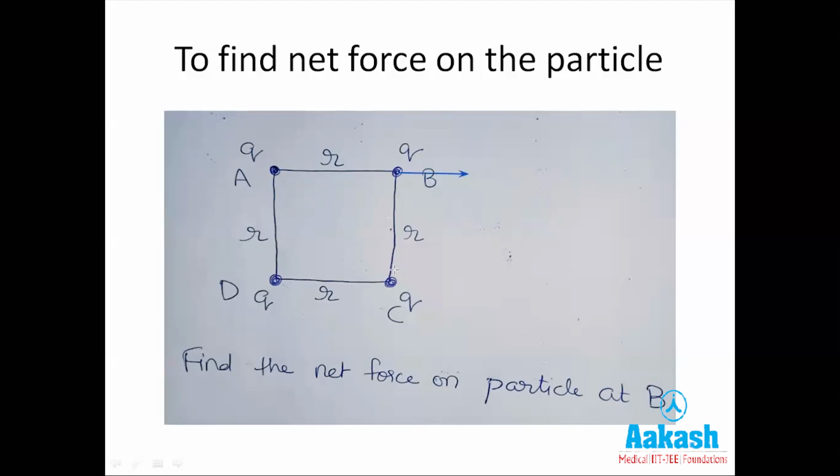On this B, due to C, there will again be a repulsive force in this direction. And on this B, due to D, there will be a repulsive force in this direction. So the resultant of all these three forces will give us the net force.